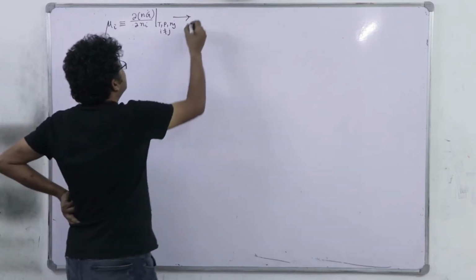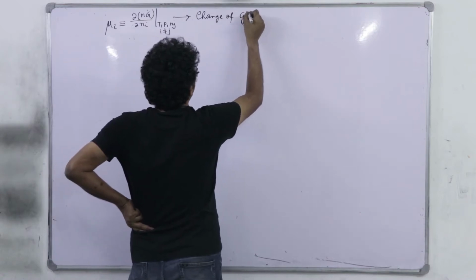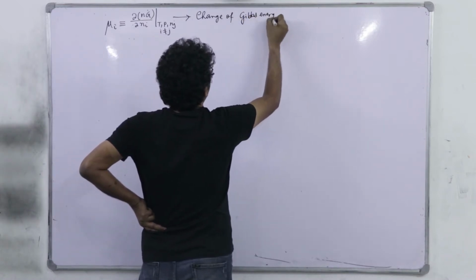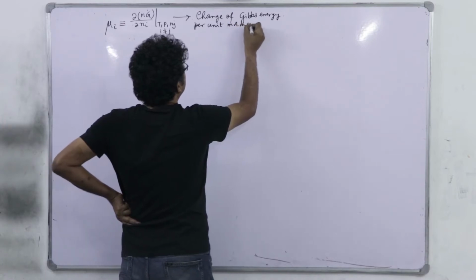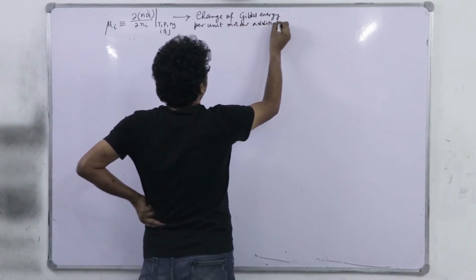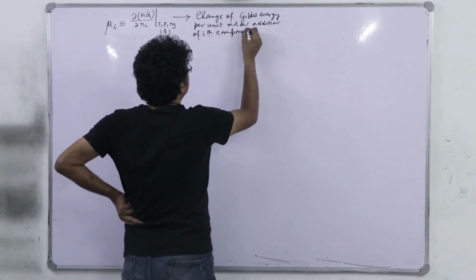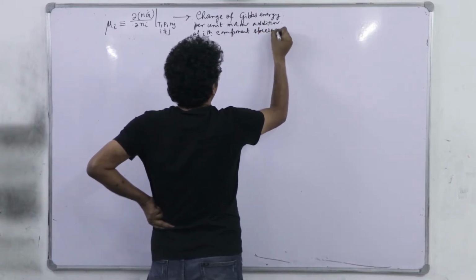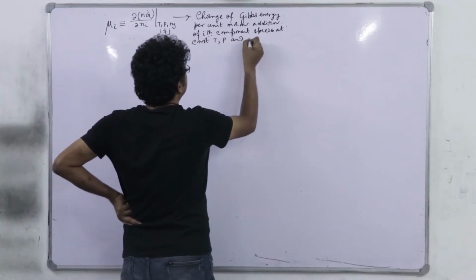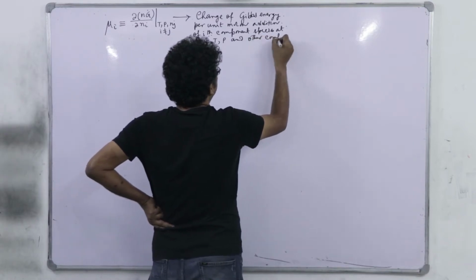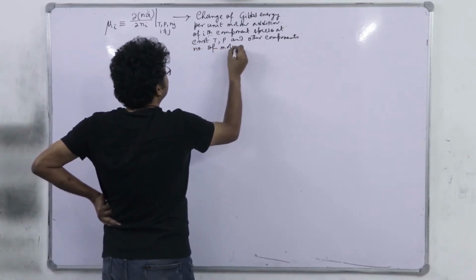It is actually the change of Gibbs energy per unit molar addition of the ith component species at constant temperature, pressure and other components' number of moles, right.